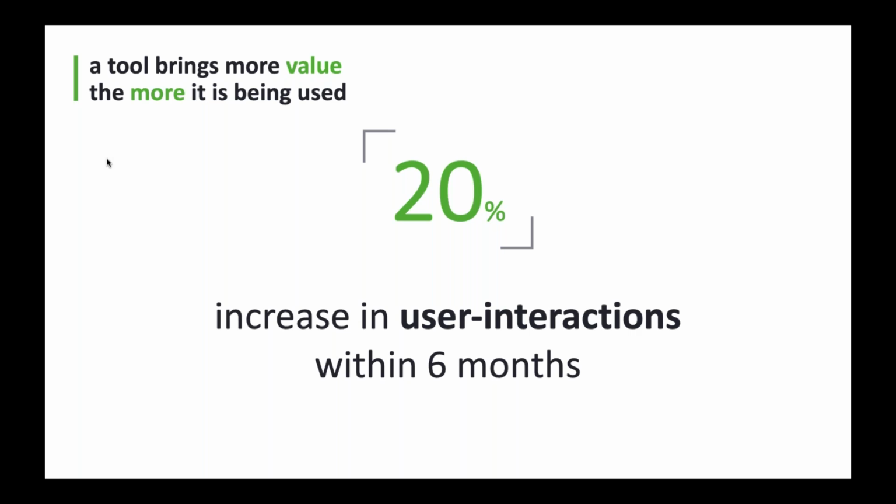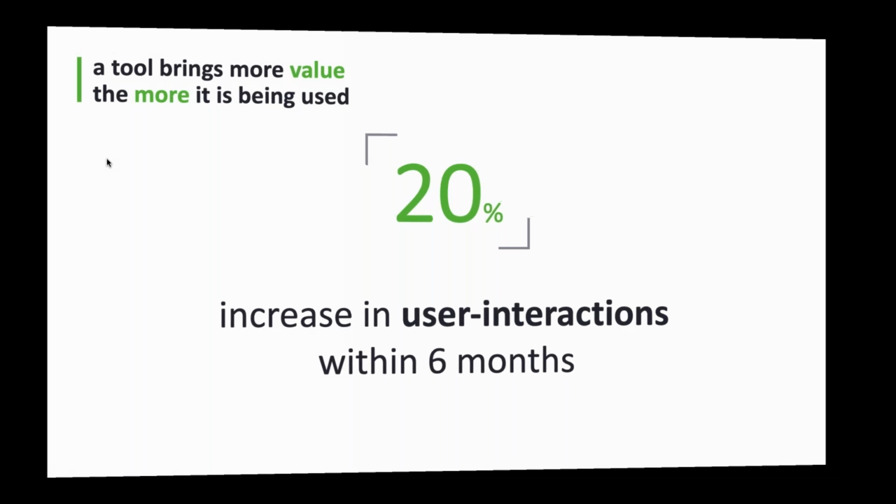Again, this directly connects to the ROI of this application, because if the users are not using it, you cannot expect the ROI that you expected from the actual purchase. But if the users are more satisfied, better trained, and trust that they can work better with the tool, they use it more, and as a result, you get better ROI from your investment.